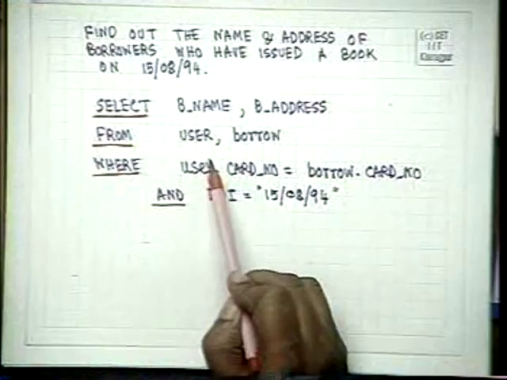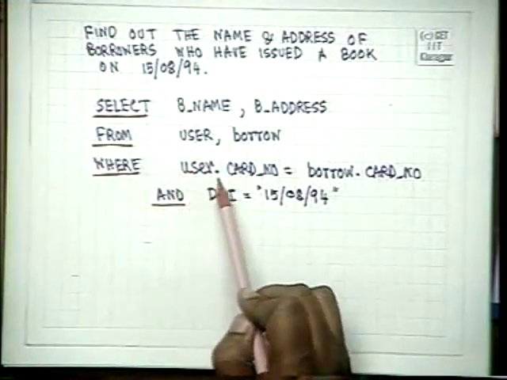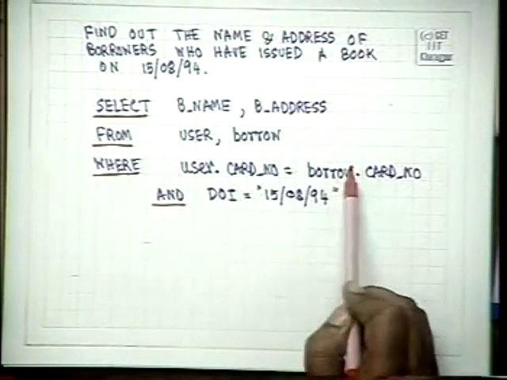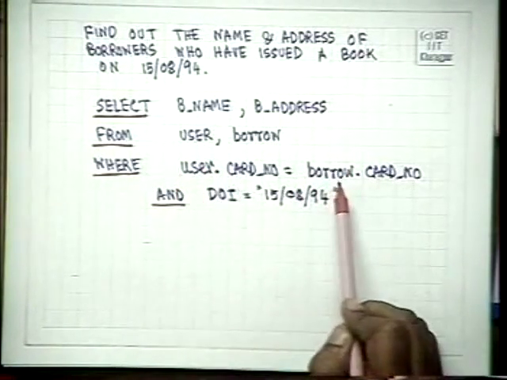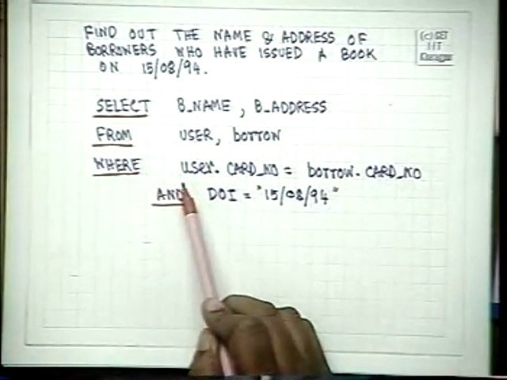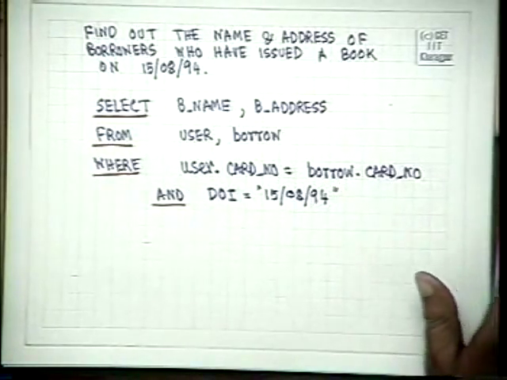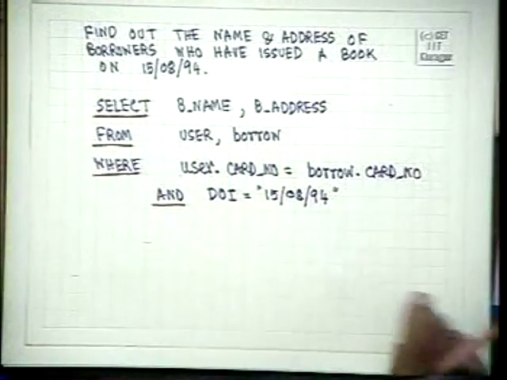We can use some other ideas of variables to prevent us from repeatedly writing out this borrower dot card number equal to borrow dot card number and user dot card number. Using these variables, we can make the queries a bit simpler. The same query can be written in the following way.